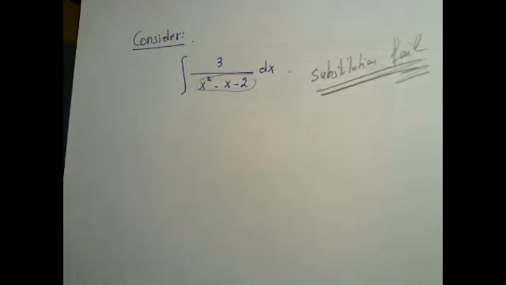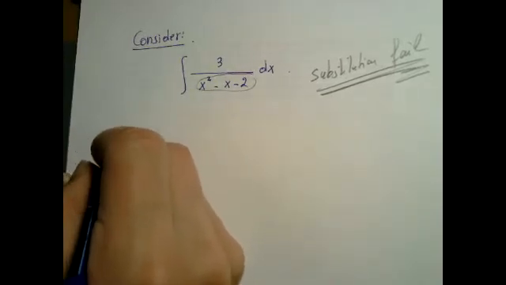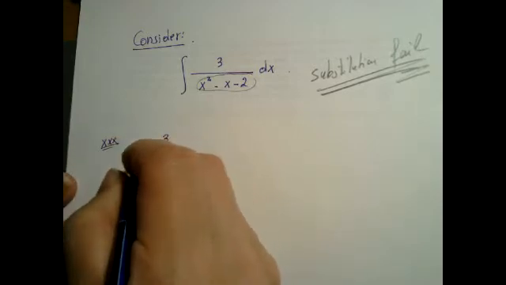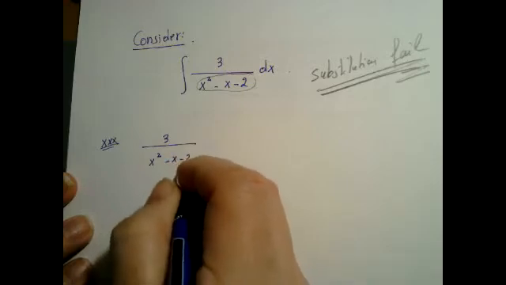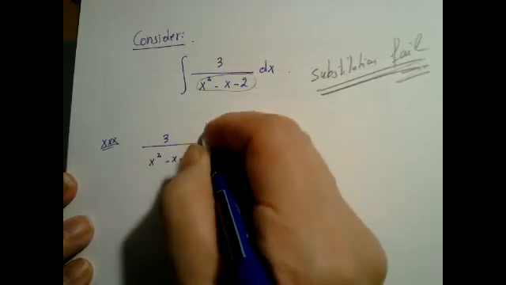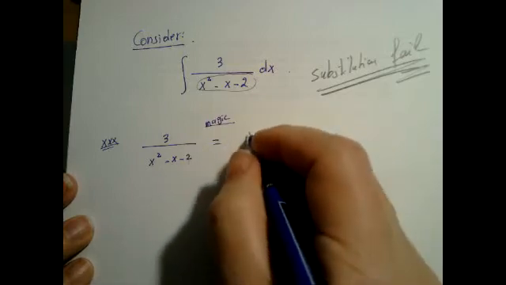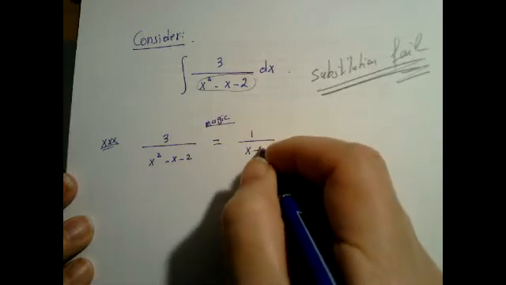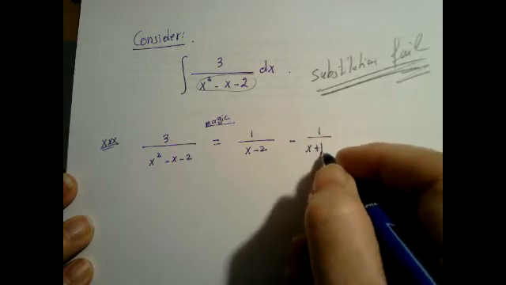All right, let us say that I take this expression, and I tell you by magic for now that this is the same thing as 1 over x minus 2 minus 1 over x plus 1.